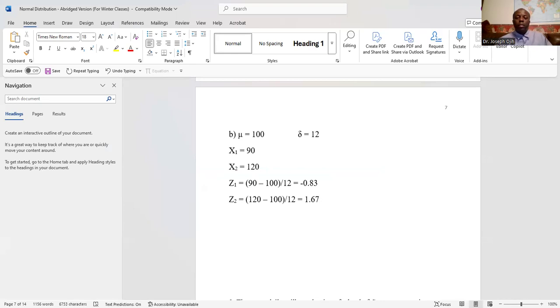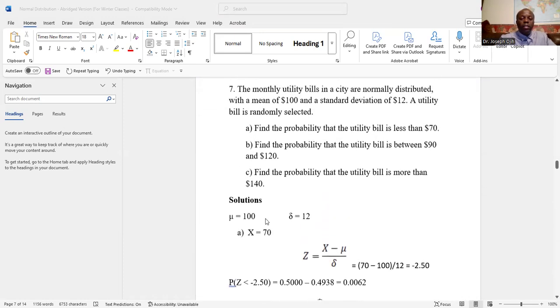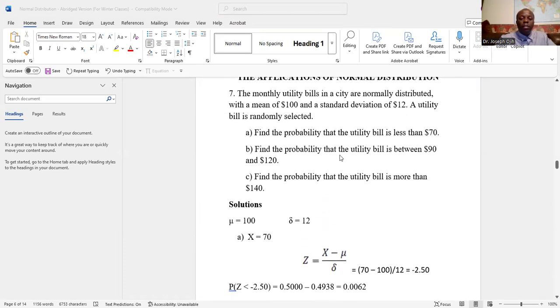Now with this, x1 is no longer 90, it's now negative 0.83. And it is also no longer 120, but it's now 1.67. X1 transformed to Z1, x2 transformed to Z2. So now, the question was, find the probability that the utility bill is between 90 and 120.